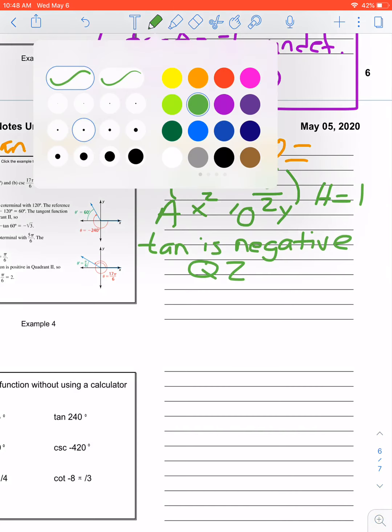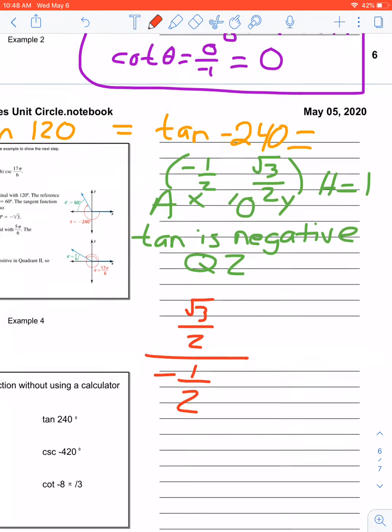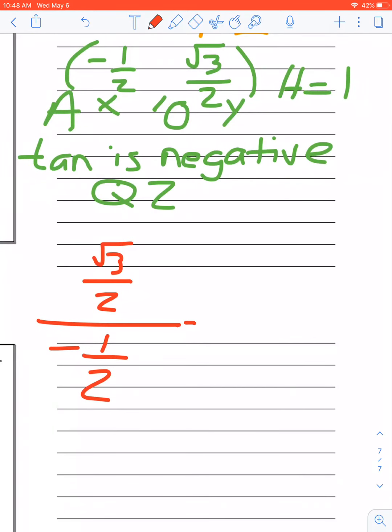Tangent is opposite over adjacent. And some of you are going to say, okay, this is a complex fraction. We've already done complex fractions before. So what that means is I keep the first, flip the second, and change the sign to multiplication.